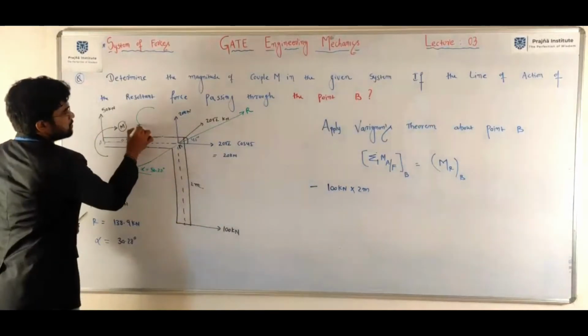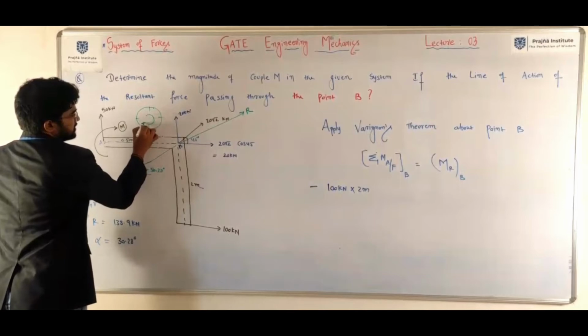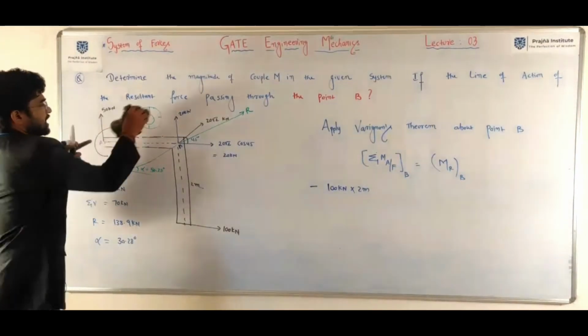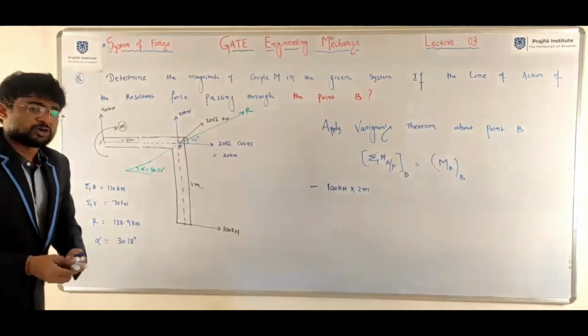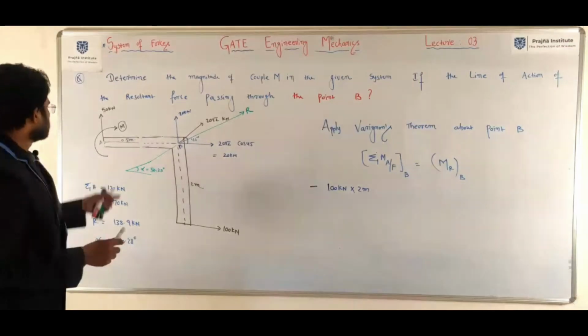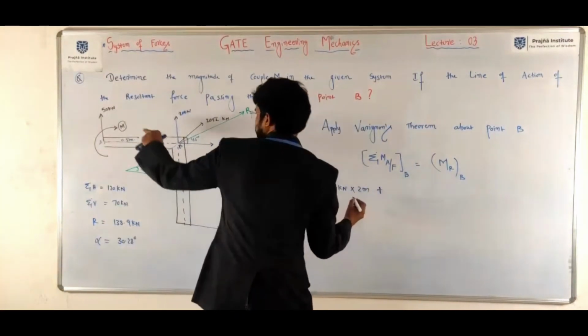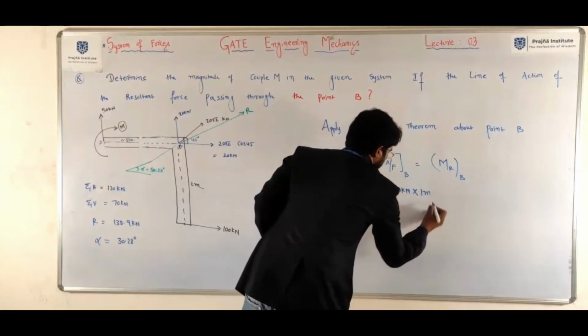Clockwise means the way a clock rotates, like this. Check whether it is clockwise or anti-clockwise. Clockwise, put positive; anti-clockwise, negative. It is clockwise, so plus 50 kilonewton into 1 meter.